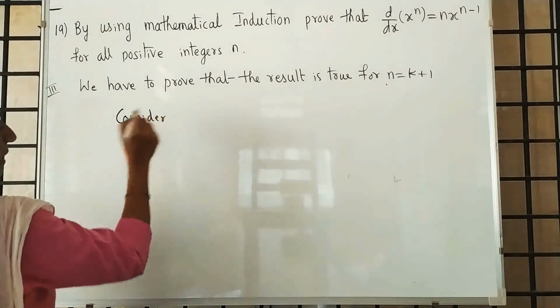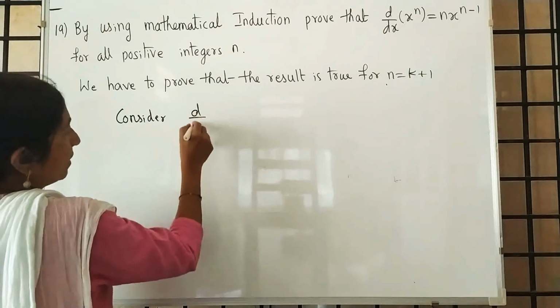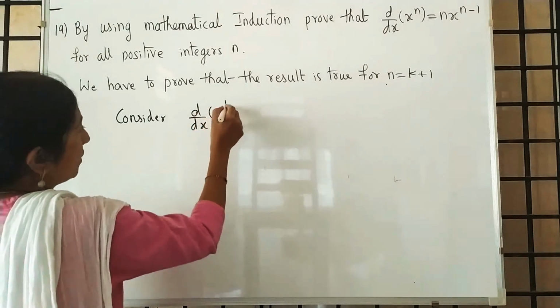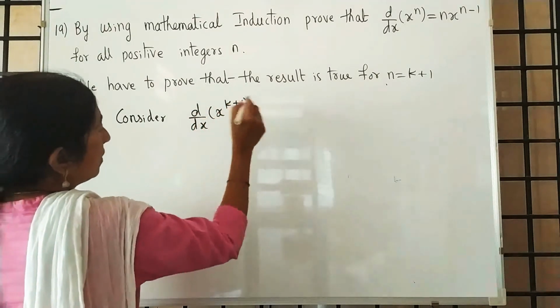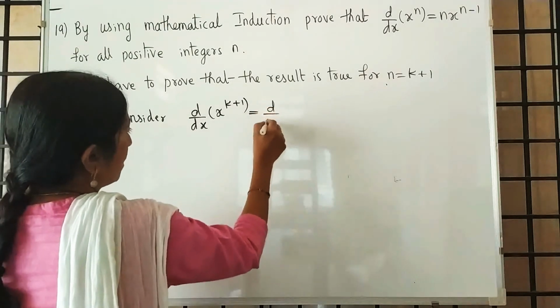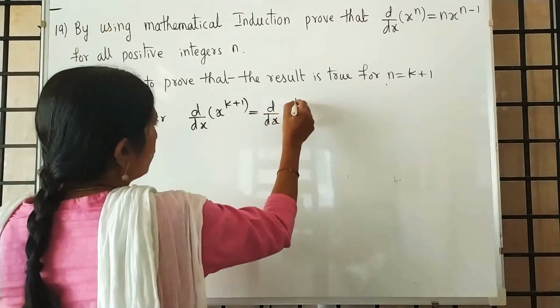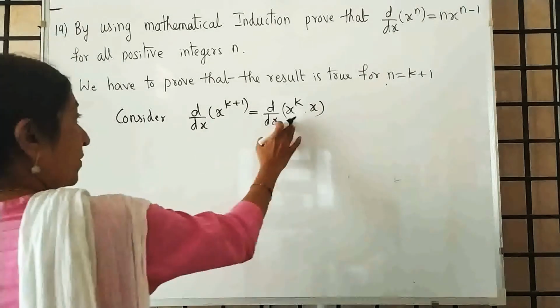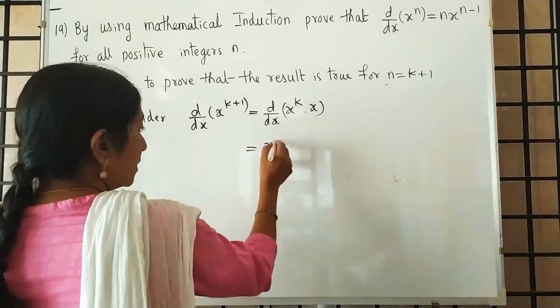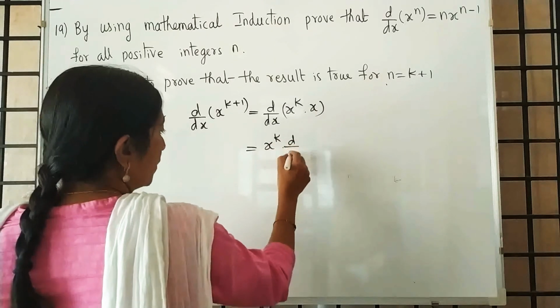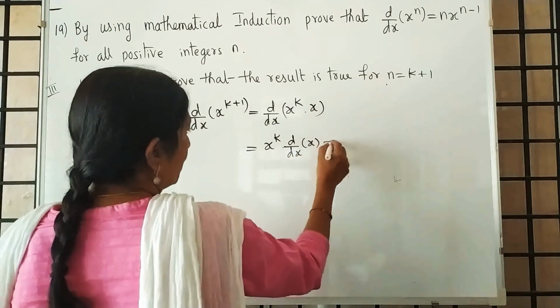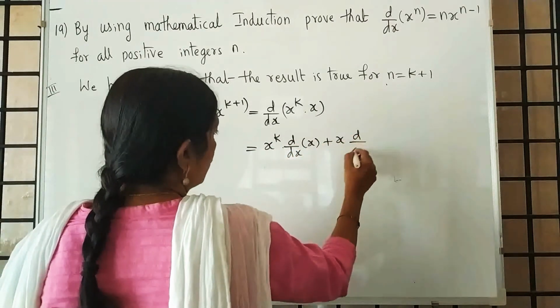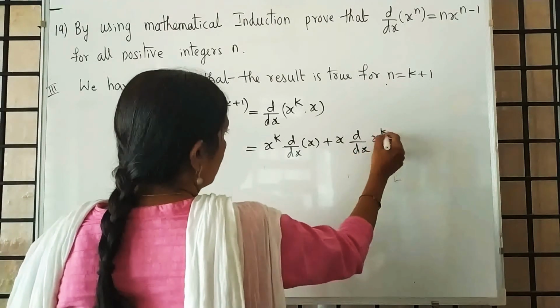That means in the second step, I am writing like this. Differentiation of x raised to k plus 1. This I am writing as differentiation of x raised to k into x. We are splitting. Then apply product rule. X raised to k as it is, differentiation of x, plus x into differentiation of x raised to k.